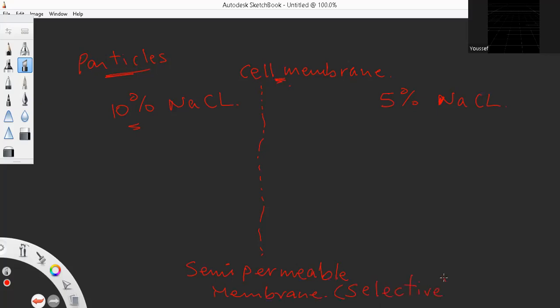All have the same meaning. Which side should the sodium chloride particles be transported from and to?